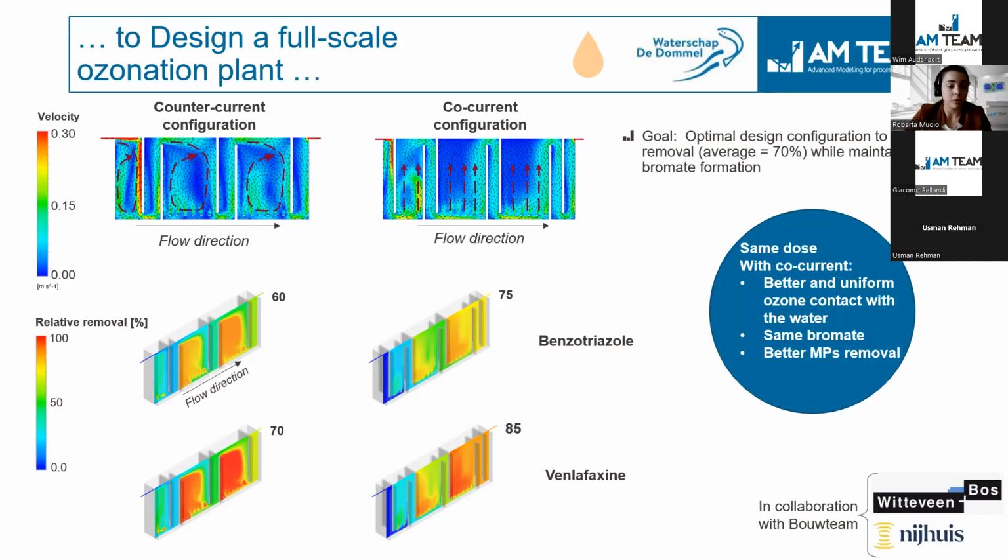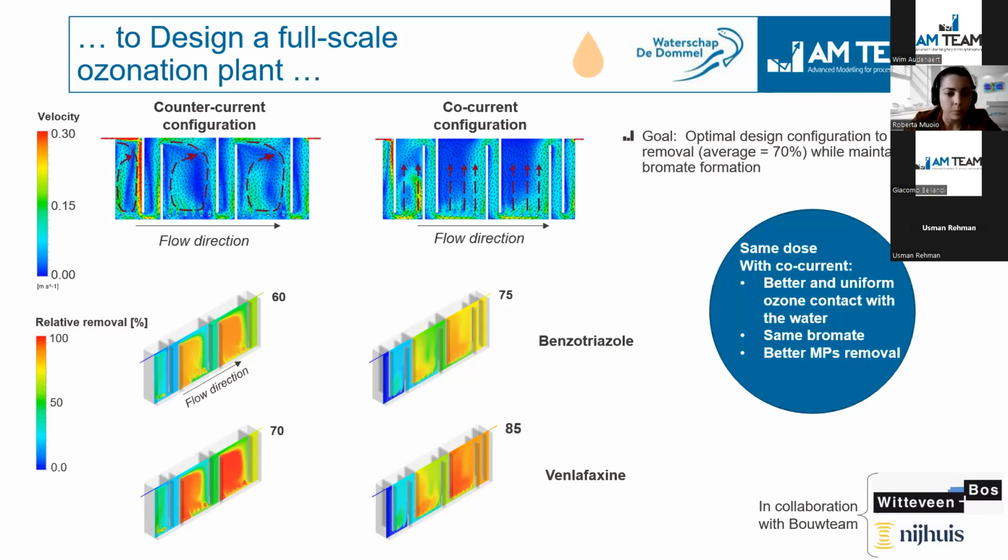So the goal is to have an average removal of micropollutants of 70% while maintaining a minimum bromate formation. So also there we could test several design configurations, and here we're presenting two configurations, two completely different design concepts, a counter-current concept and a co-current concept configuration.